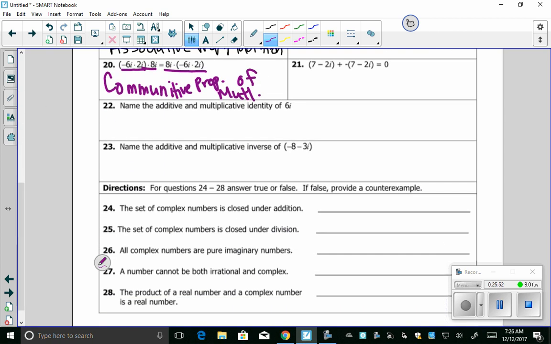So the additive property. If I start off with 6i, what do I add to 6i to give me 6i? 0.